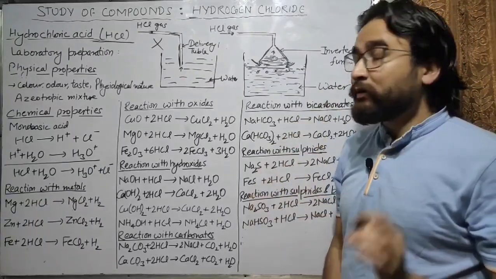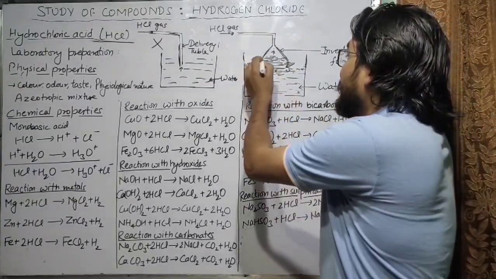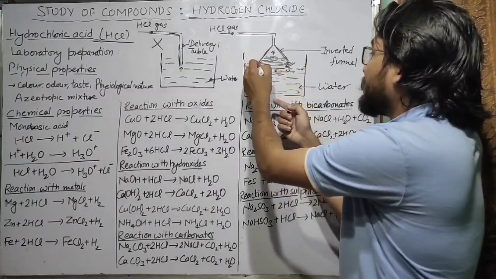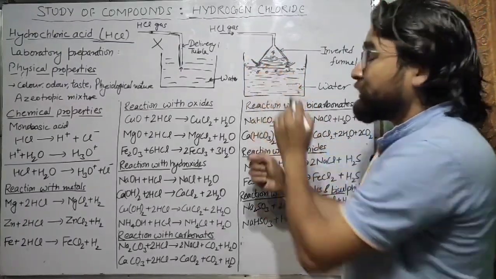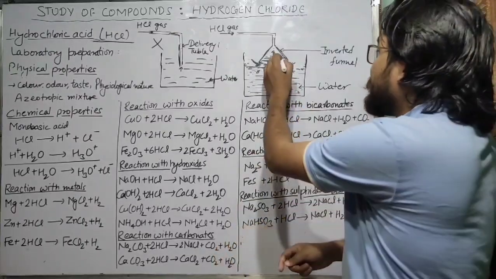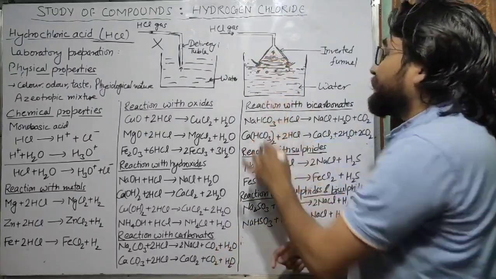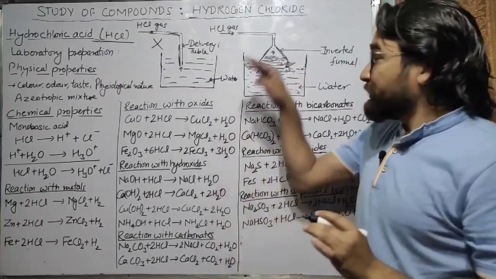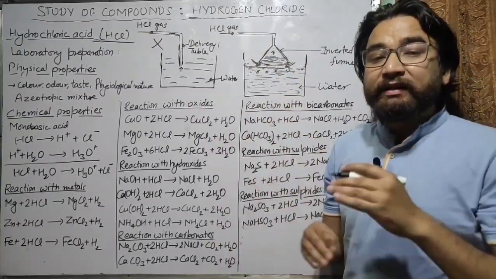Now what will happen? Because there is an air gap, the pressure inside the funnel and outside the funnel will be equal, and again the water present in the funnel will fall down into the beaker. Now this process will repeat again and again.